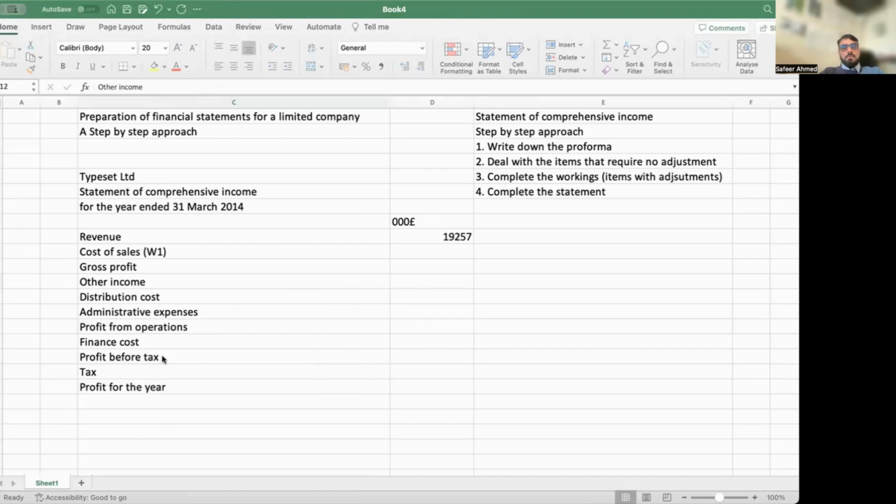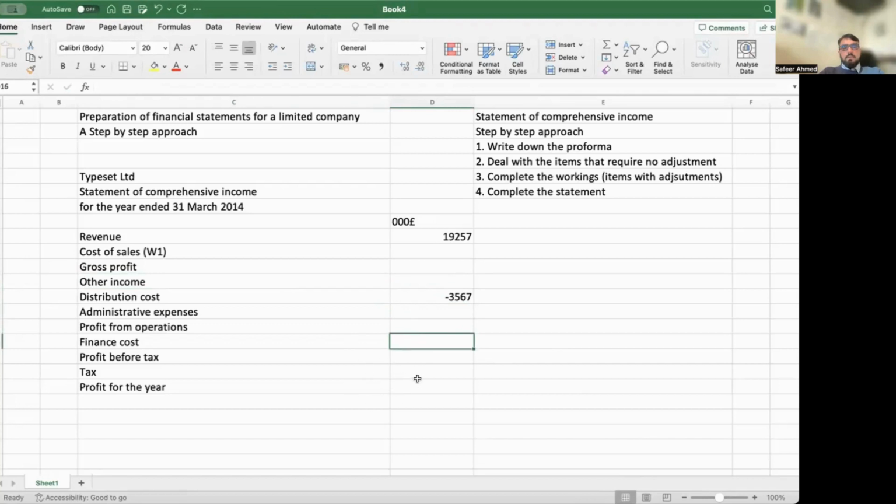However, for the distribution cost, there is no adjustment in relation to distribution cost. So the distribution cost will be as it is, which is given to you in the question. So distribution cost is 3567. So I'll be writing that as it is.